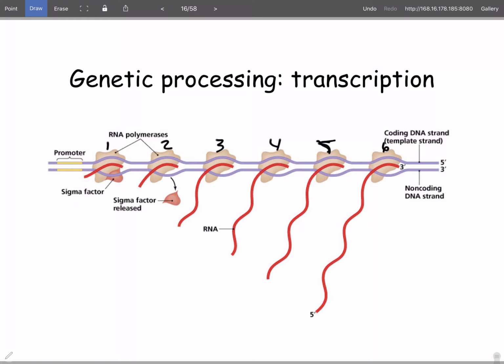So you can have many, many RNA polymerases transcribing a single gene at a single point in time, okay? And what's interesting is that, remember, in the prokaryote, there's no compartmentalization of transcription and translation.